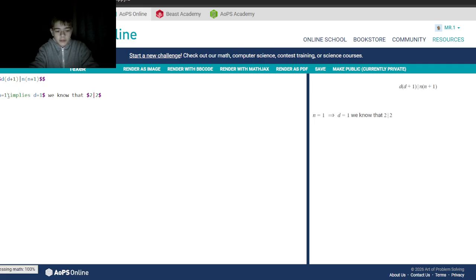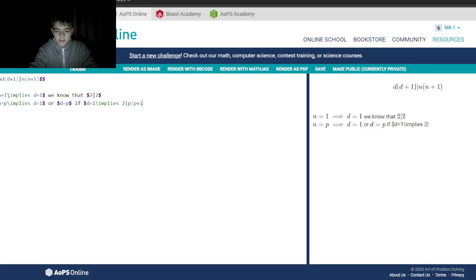Okay, and now consider n equal to any prime p. Now this implies that d is equal to 1, or d is equal to p itself. If d is equal to 1, then this implies that 2 divides p times p plus 1, which is true for every positive integer, not just for primes.